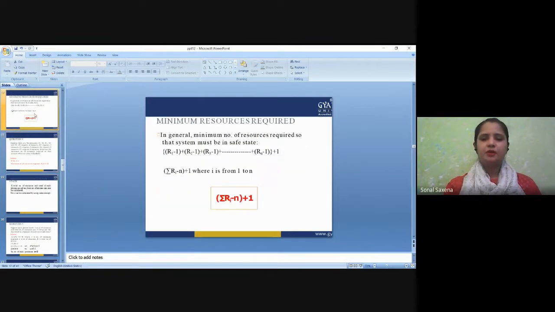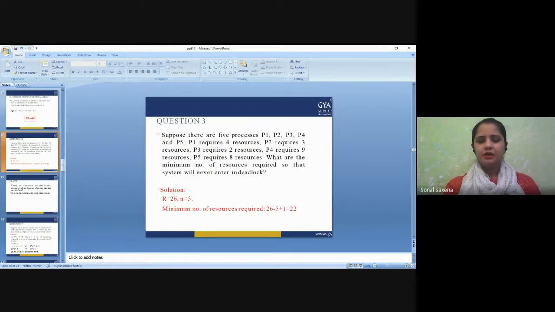Just see this formula. What is this formula? Summation of Ri minus n plus 1. So this is what we are doing here. The sum of Ri is 26, n is 5. So 26 minus 5 plus 1, that comes out to be 22. So this is the minimum number of required resources for the system to be in a safe condition.